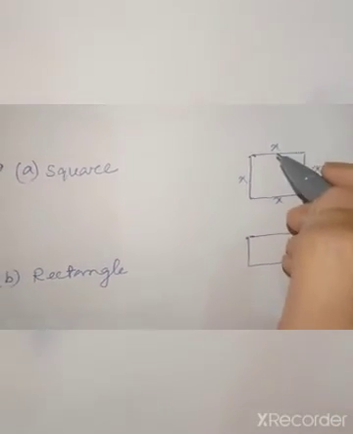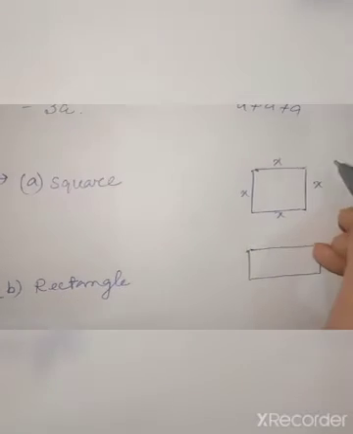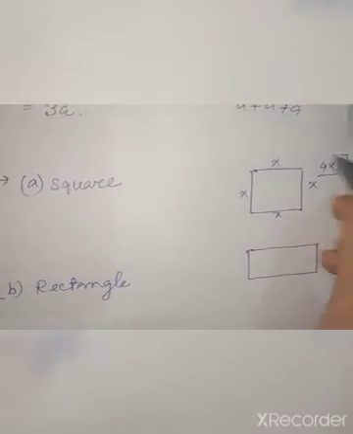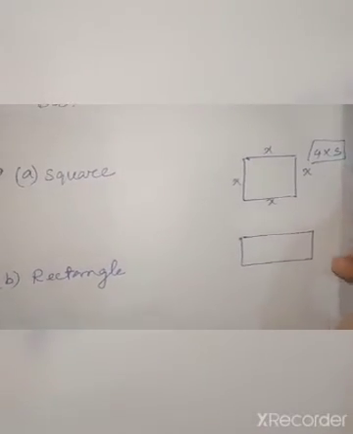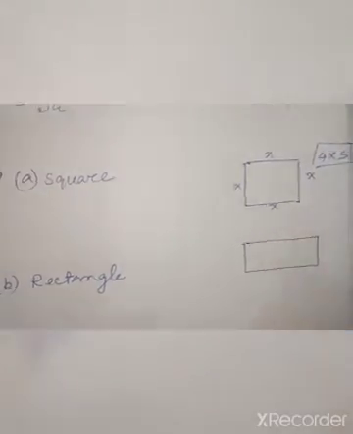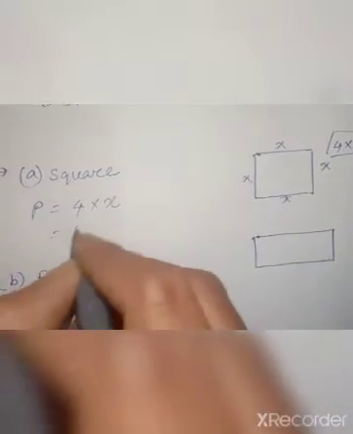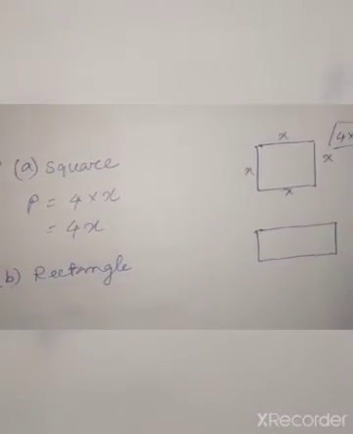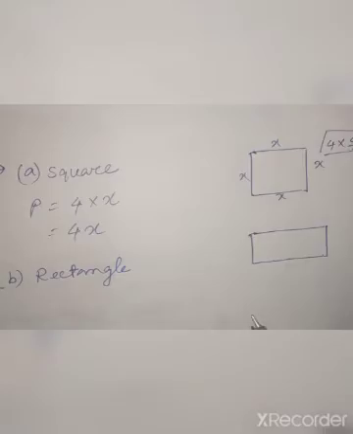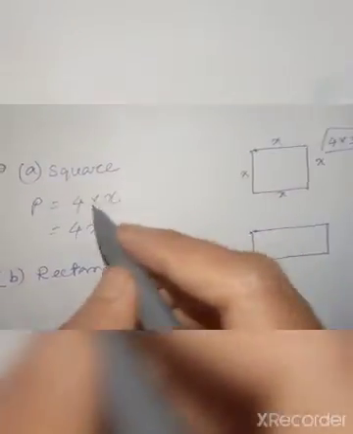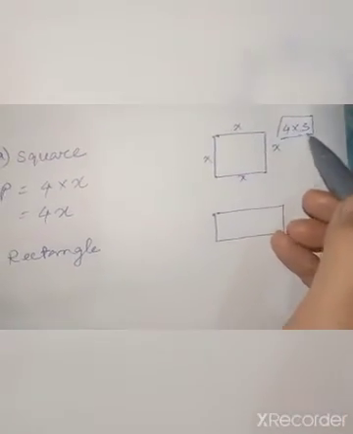So to find the perimeter, all of you know the formula. Perimeter is equal to 4 into side. Okay. So here I have put side as x. So perimeter will be 4 into x. That means 4x. Okay, understand? So just put the formula 4s, 4 into side.